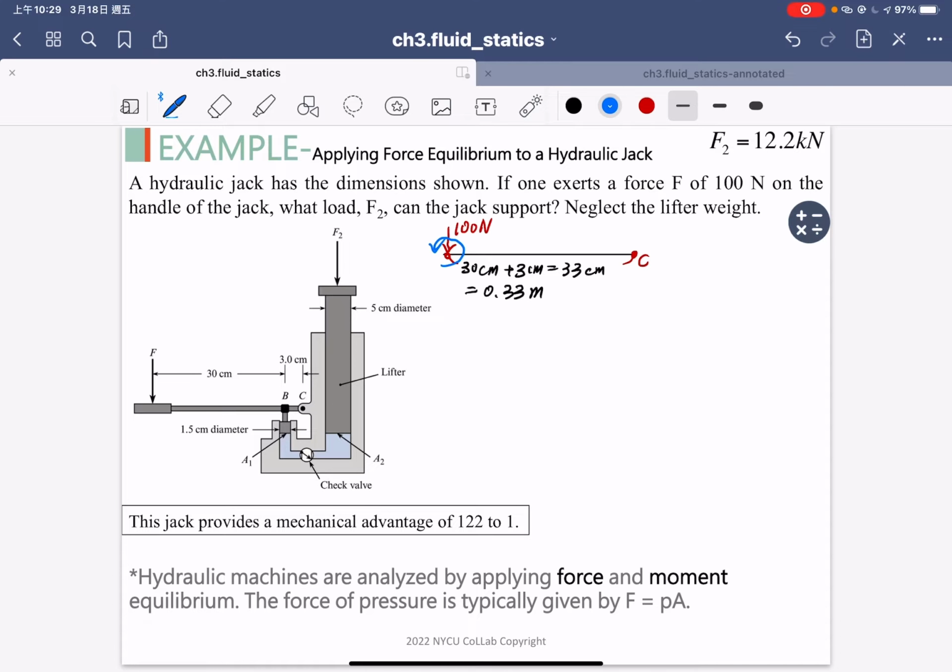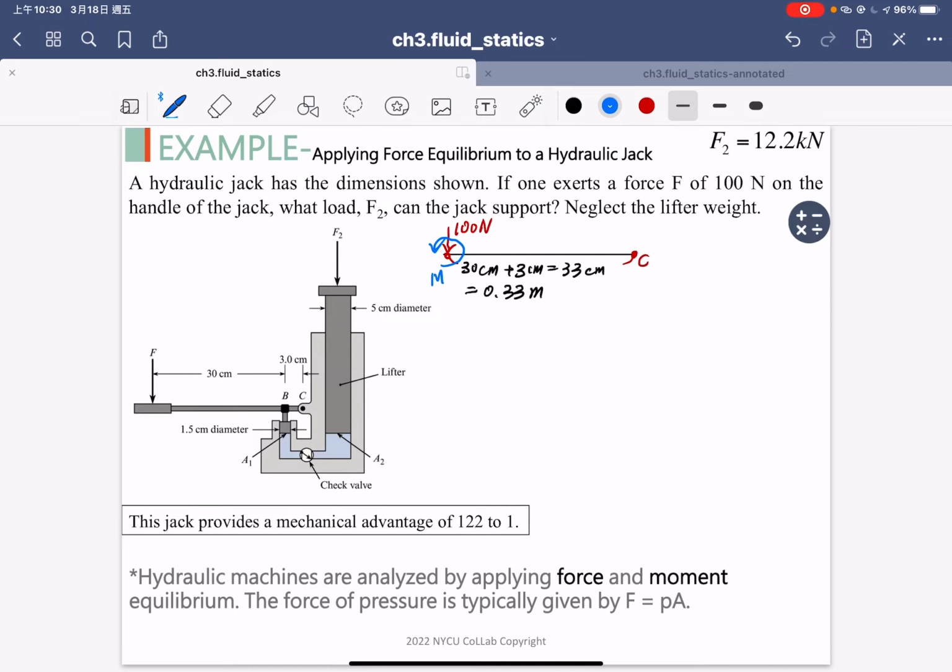You can check by your hand. The force is downward, and the length goes to the left. So you know that the moment in here, I use M, is the positive moment.